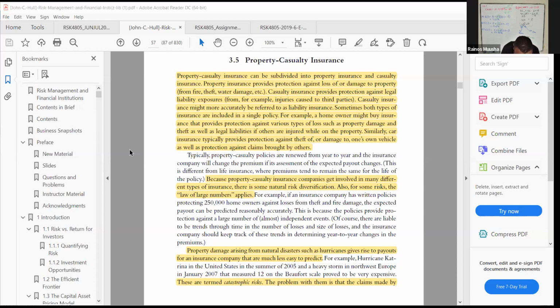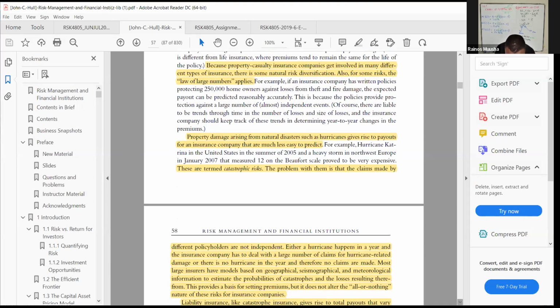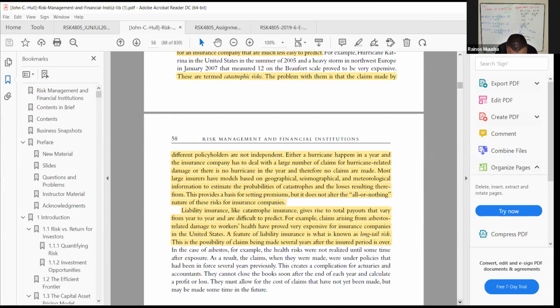Then if you go to the next paragraph, they also say property damage arising from natural disasters such as hurricanes gives rise to payouts for insurance companies that are much less easy to predict. For example, Hurricane Katrina in the US has proven to be very expensive. These are termed catastrophic events. The problem is that the claims made by different policyholders are not independent.